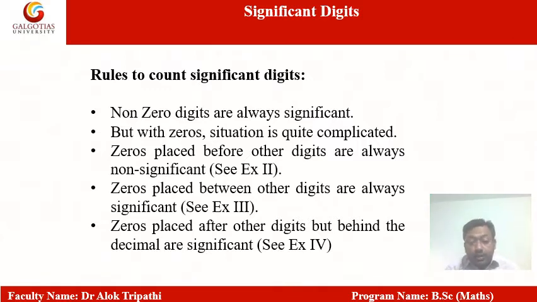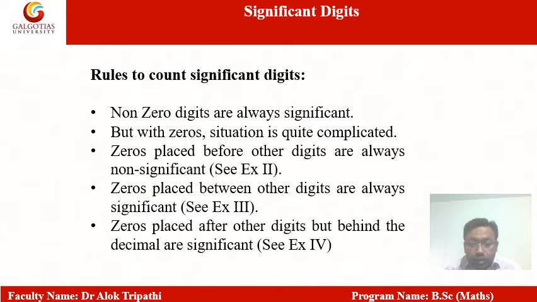Zeros placed before other digits are always non-significant. We have already seen this in example number 2. There we used zeros just to fix the decimal place, 0.0 something. So these zeros are non-significant.